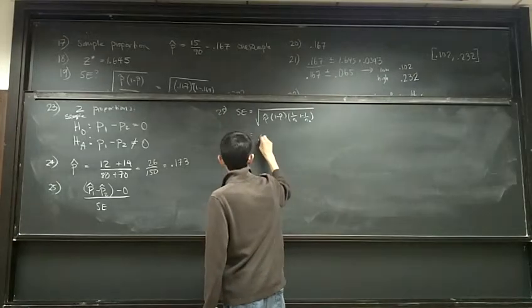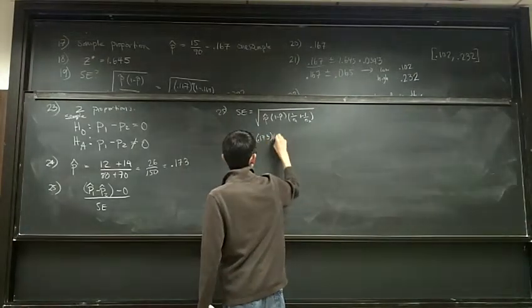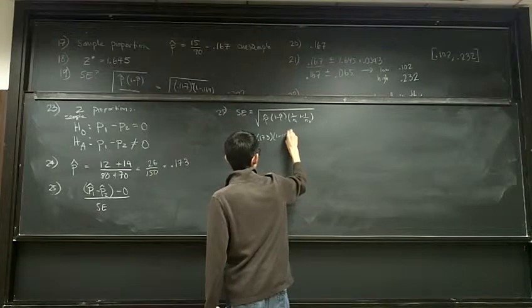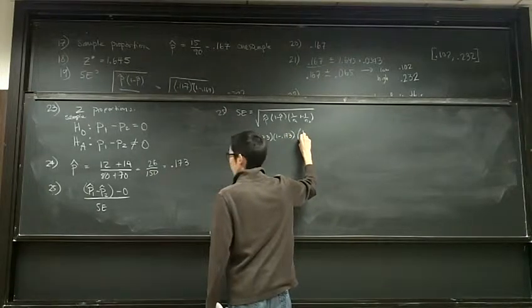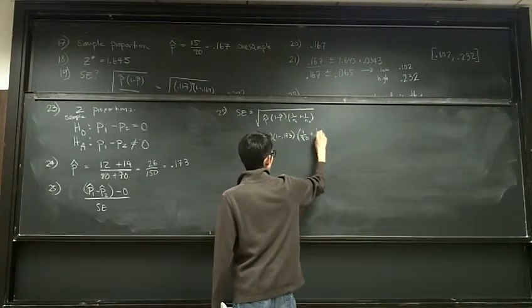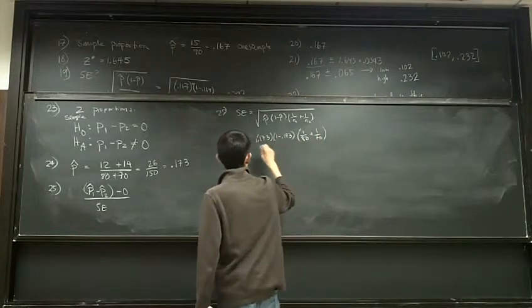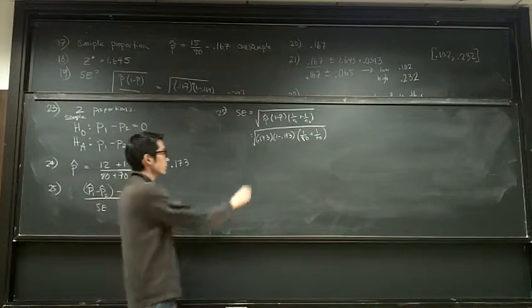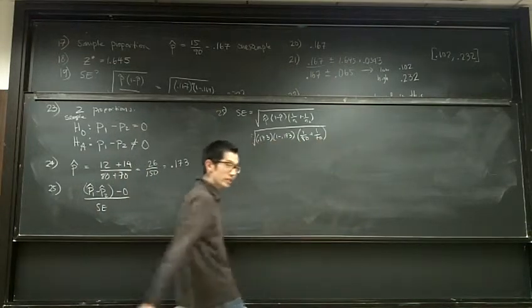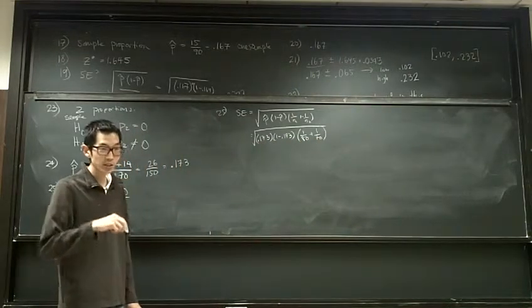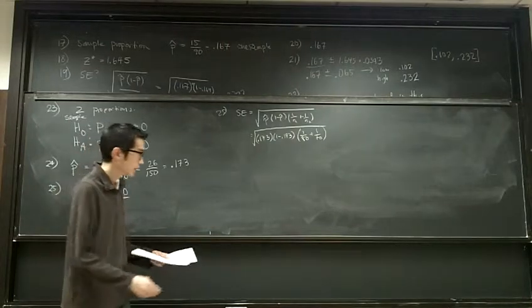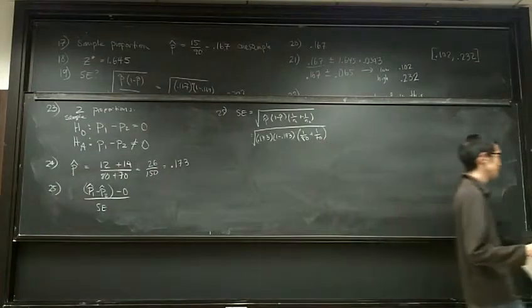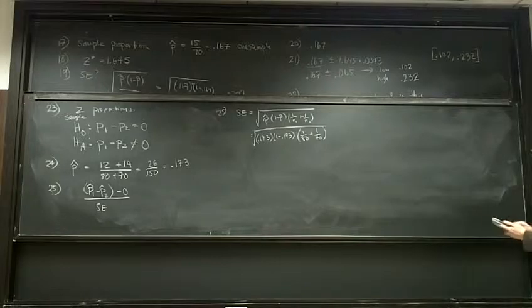This is going to be 0.173 times 1 minus 0.173, times 1 over 80 plus 1 over 70, and then the square root of this. Again, to do it on your calculator, you punch everything on the inside all at once and then hit the square root button.